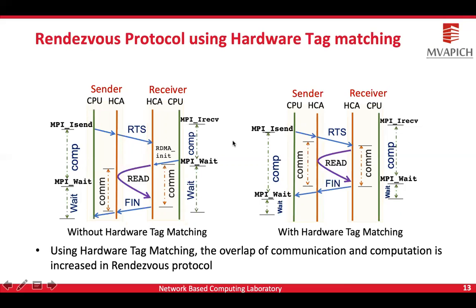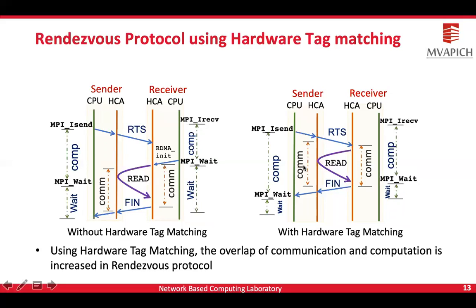Now, I would like to talk about the Rendezvous protocol using hardware tag matching. On the left-hand side, I'm showing the CPU-based Rendezvous protocol, which is similar to what we discussed before. Here you can see that RTS is sent. Then, since the application is doing computation, it can just perform the RDMA read whenever it goes inside MPI wait. And then it can send the FIN.